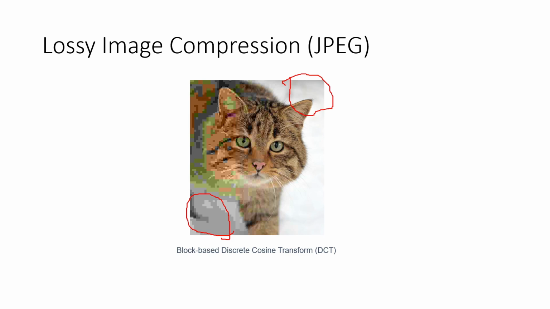Of course, I should say what JPEG is. What does JPEG stand for? Well, the full name is Joint Photographic Experts Group. You can imagine it's just a company. They tried different methods.